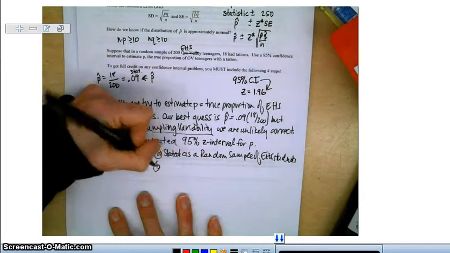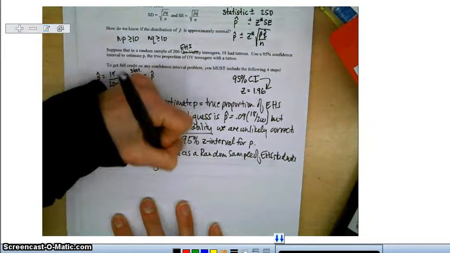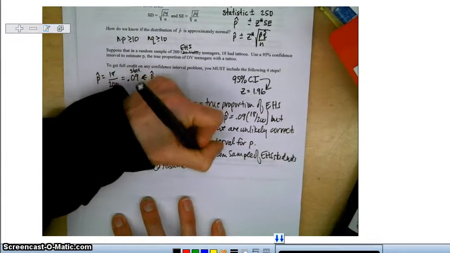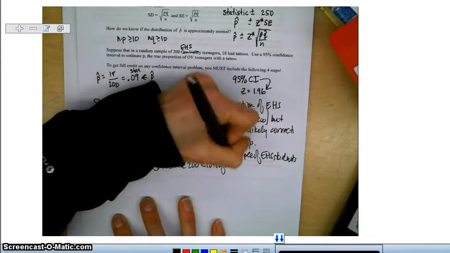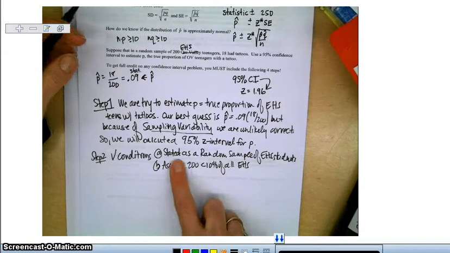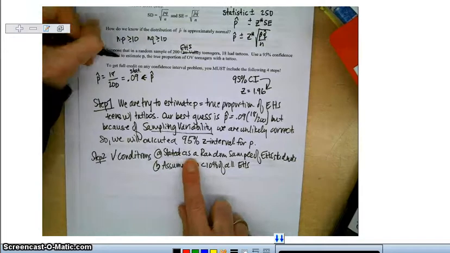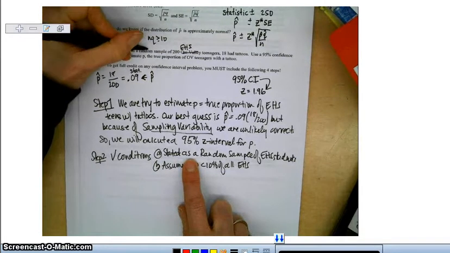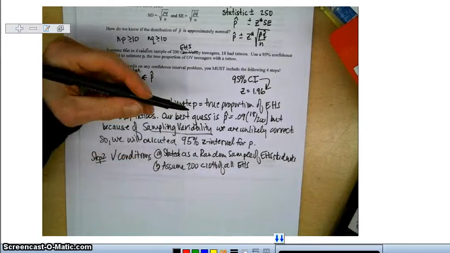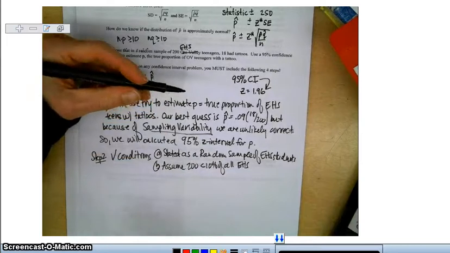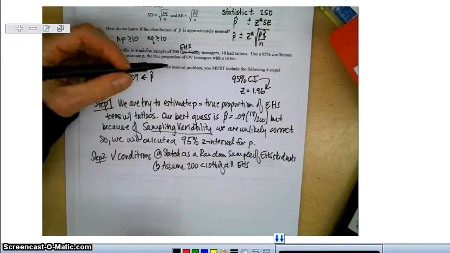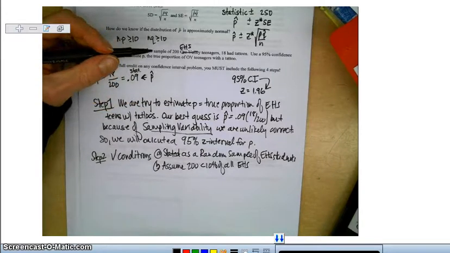B, assume 200 is less than 10% of all EHS. Okay, so it's stated as a random sample right there. It says suppose in a random sample. Okay, we assume that 200 is less than 10% of all East High students. It's actually a little bit more. So you could be really technical here and say I'm going to proceed with caution.